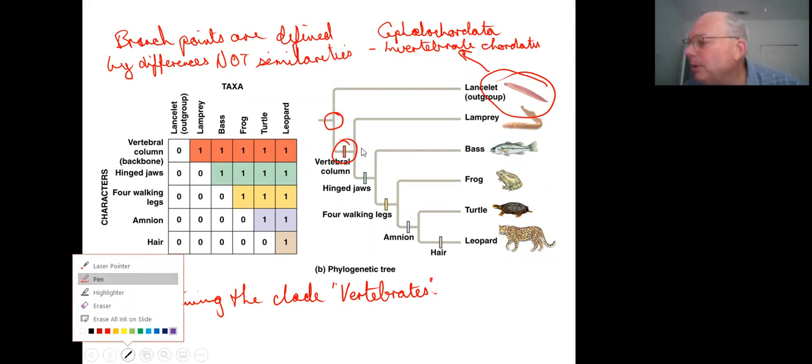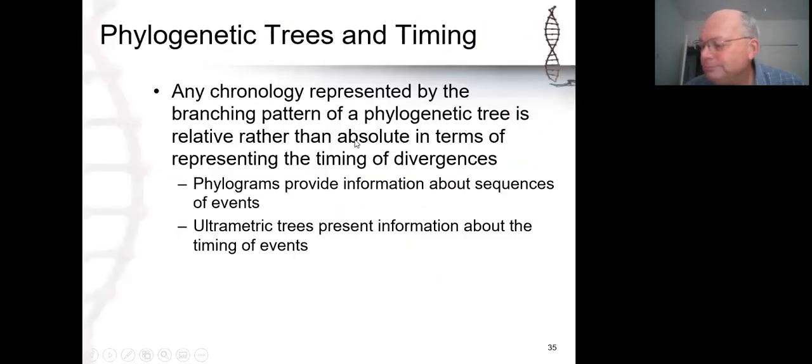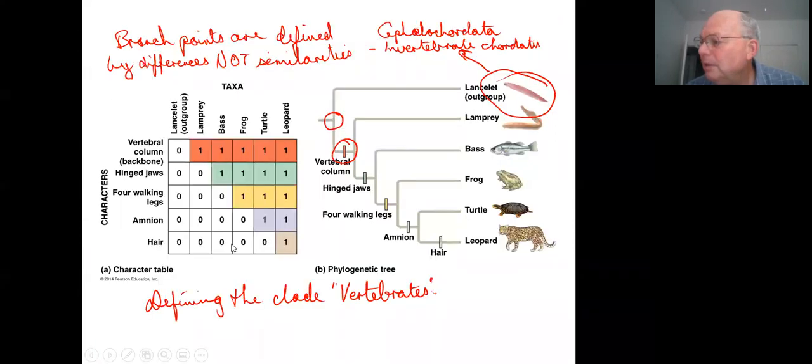So this branch point is defined by the presence or absence of jaws. So the lamprey is still a vertebrate, but it lacks jaws. So this branch point now is defined by the presence or absence of jaws.